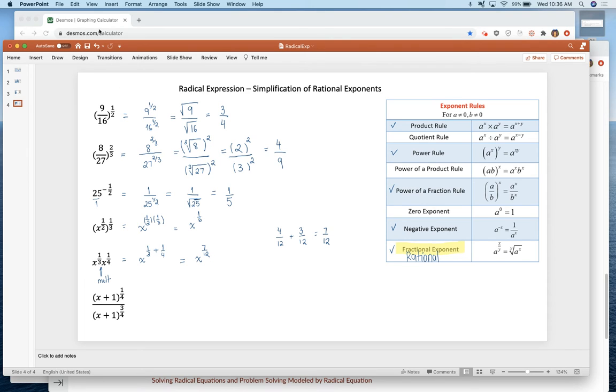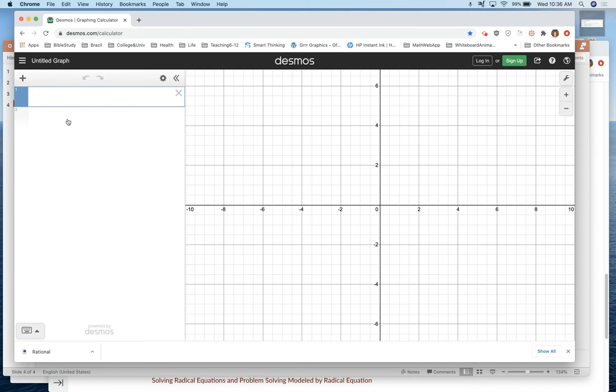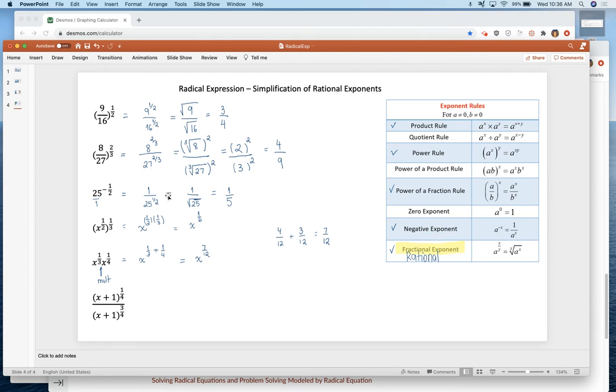If you use a calculator, you write 1/3 plus 1/4. You don't want the decimal value. You see the symbol here, you click it, then you have 7/12. Then you go back and put the new power 7/12.